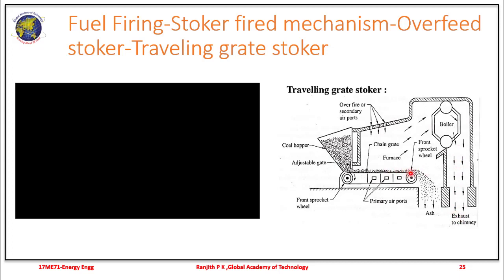The exhaust is then let out to the chimney, and the coal which is burnt also produces ash, which is collected at the end of the grate, and is then sent to further processing as well. As the grate travels here, the coal which is also on the grate travels, hence the name traveling grate stoker.